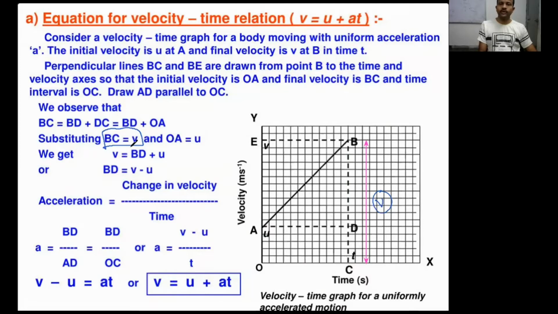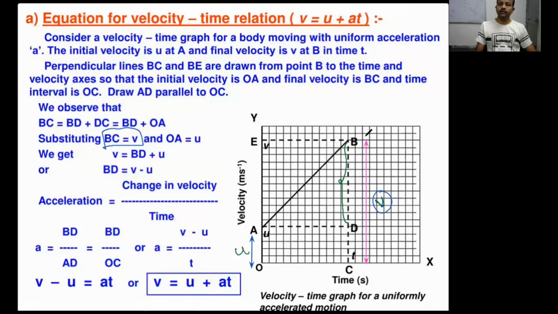Is it clear up to here? Next, OA indicates the initial velocity. This OA will give you the initial velocity U, and BC will give you the final velocity. Then what is the BD value we got here?